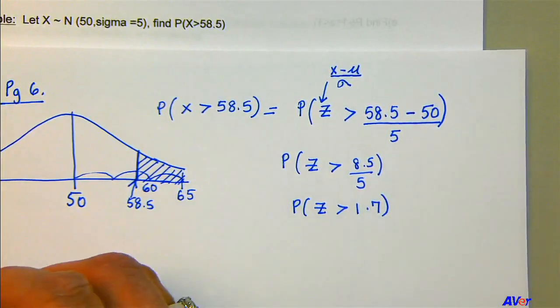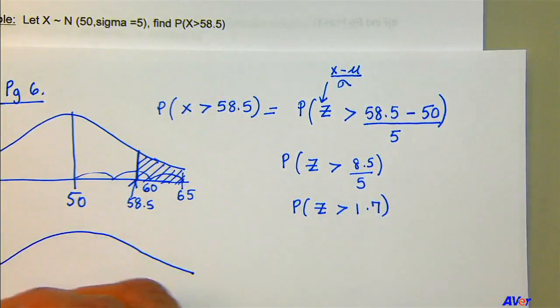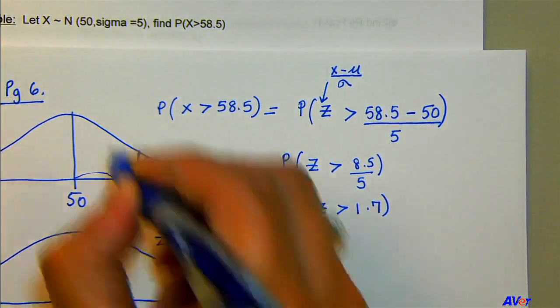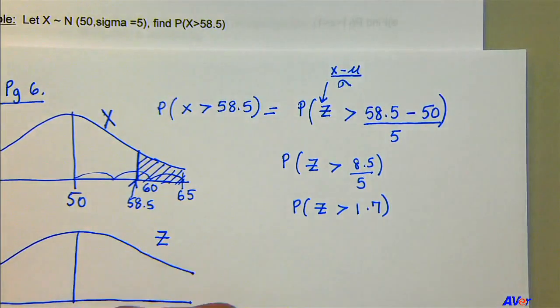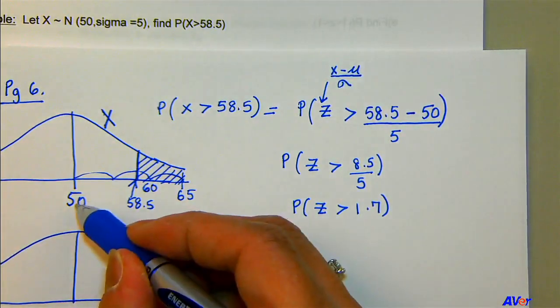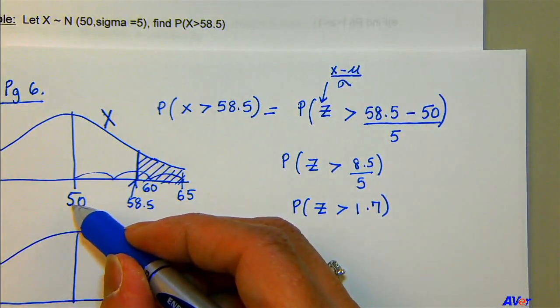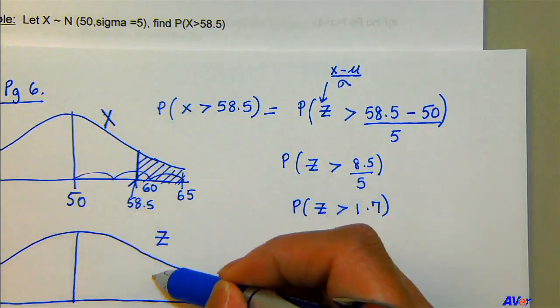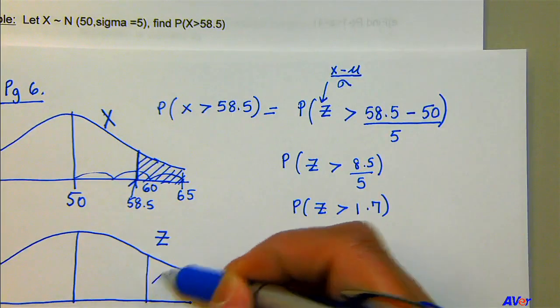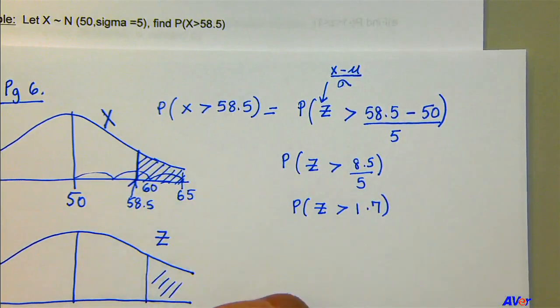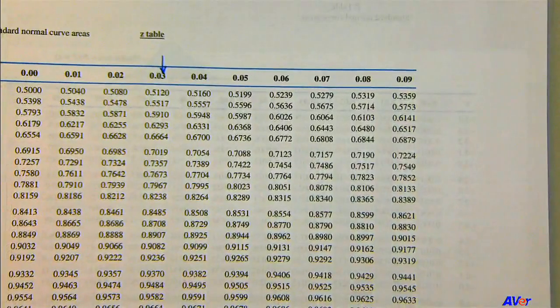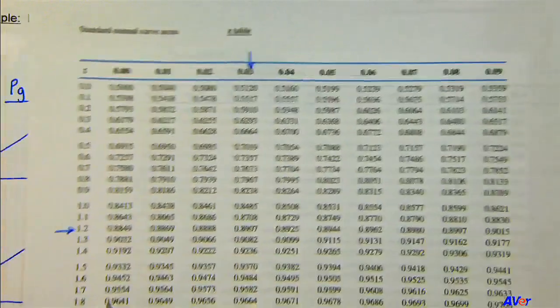So then you go to 1.7 on your z curve. So if I draw this z, this one was x before. This one is z. Z has a mean of 0, which translates to x equals 50, and 1.7 is somewhere here. So this area and this area have to be equal. This is 1.7. So I'm able to now go to my z table and look up 1.70, which is 0.9554.